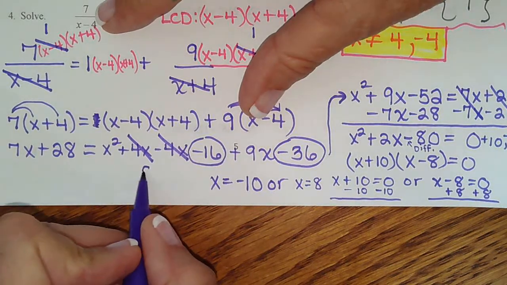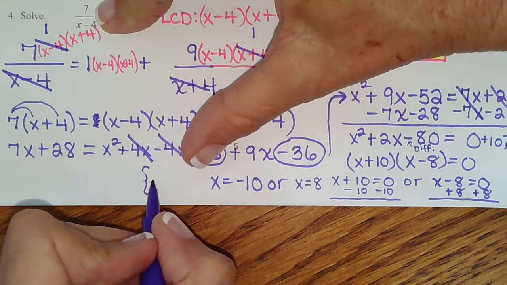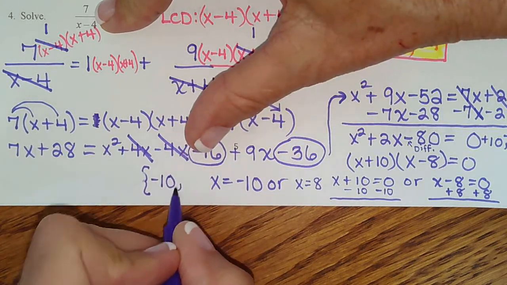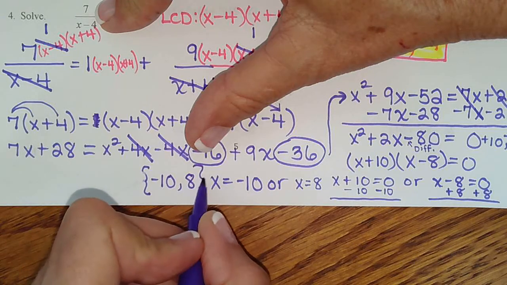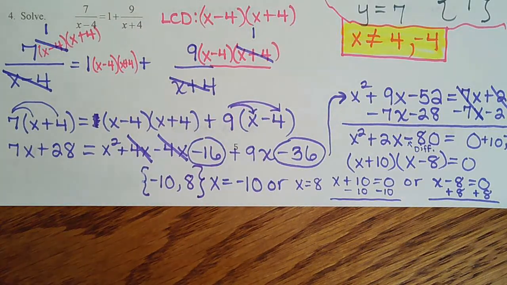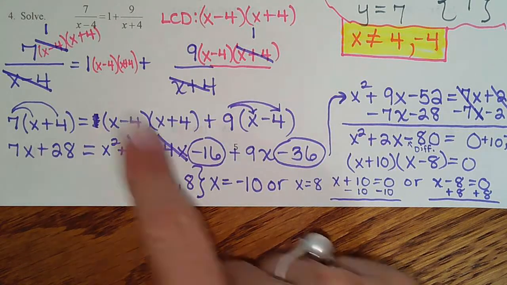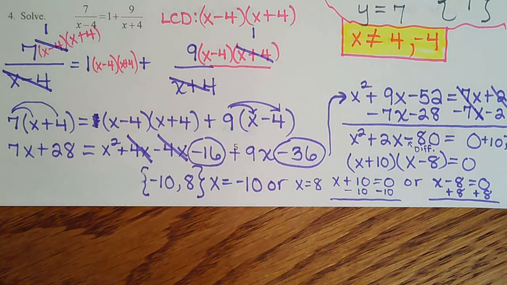So we are good to go. So our solutions are going to be negative 10 and positive 8. Woohoo! That one was a little bit harder than some of them, I think. But it was a nice one, good practice, easy to find the LCD, easy to solve, just a little bit longer.